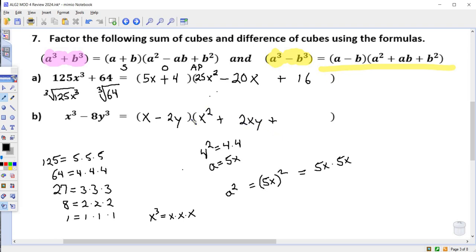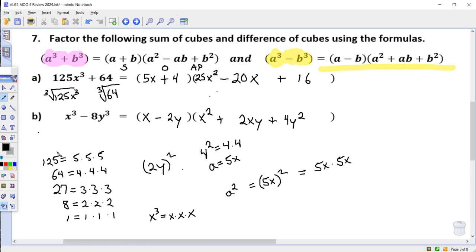The last term's always positive, and I have to square b. That's 2y squared. 2y squared means 2y times 2y. It gives us 4y squared. And that's our answer. Right? Pretty easy formula to plug into.